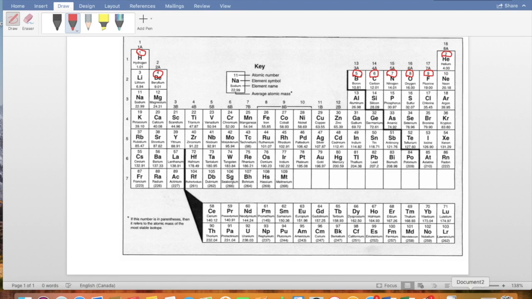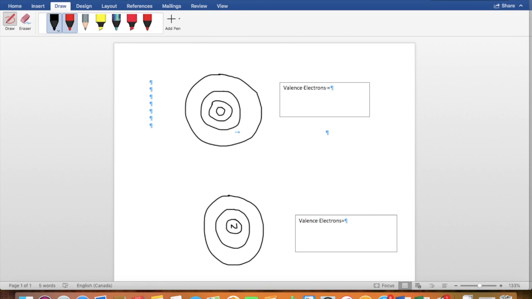And we're going to distribute them throughout the shells. So the first shell holds 2. So I'm going to do 2 electrons. Okay, and so that leaves us with 6. And the second shell can hold up to 8, so that means all 6 can go in the second shell.